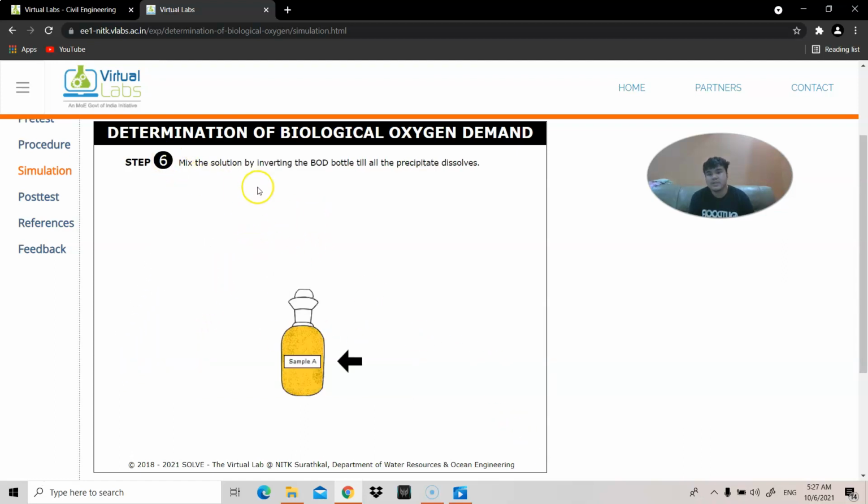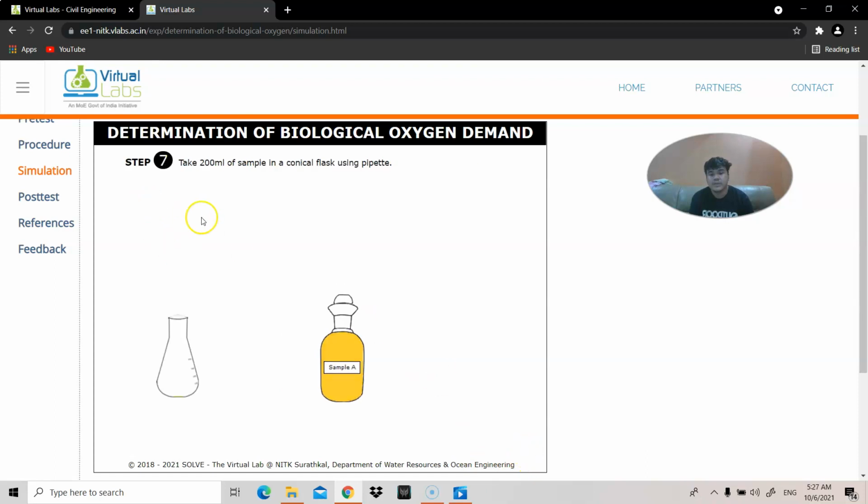Step 6. Mix the solution by inverting the BOD bottle till all the precipitate dissolves. Next, step 7. Take 200 ml of sample in a conical flask using a pipette.